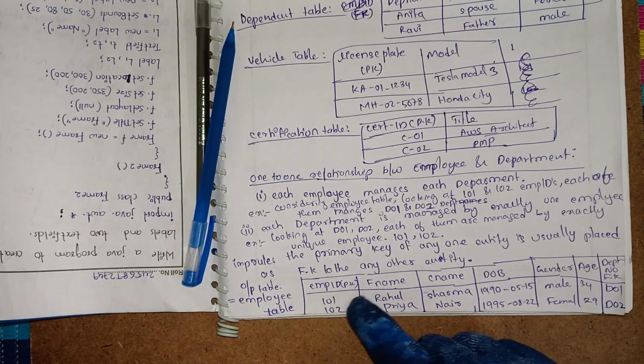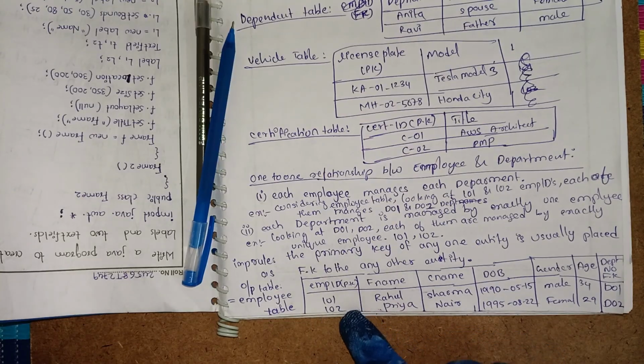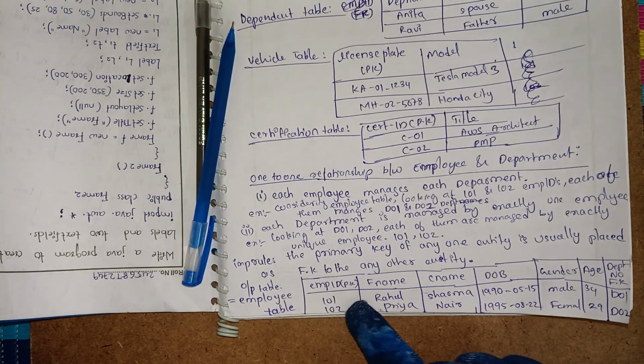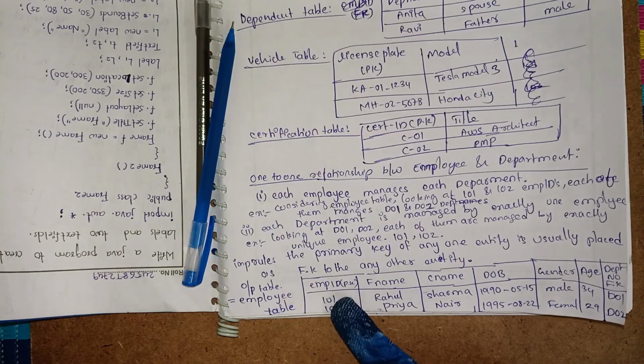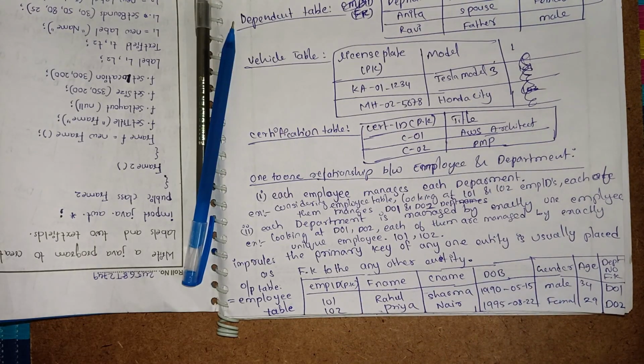If employee 101 manages both D01 and D02, that will not be accepted. Only one employee should manage one department and the other should manage another department, and likewise several employees and several departments will be there.